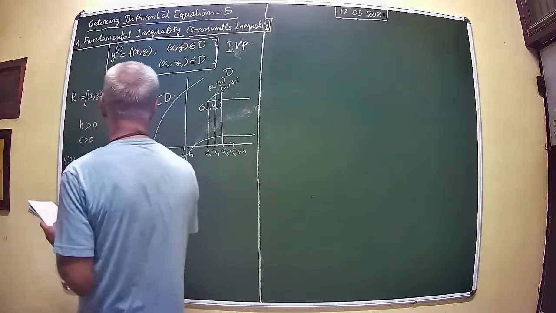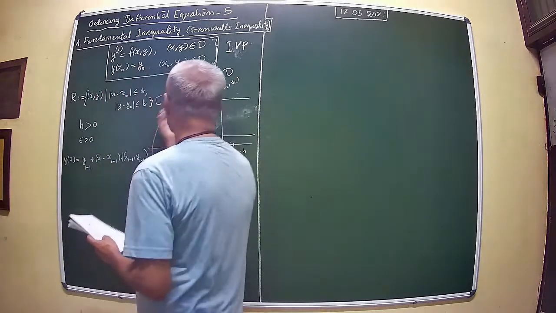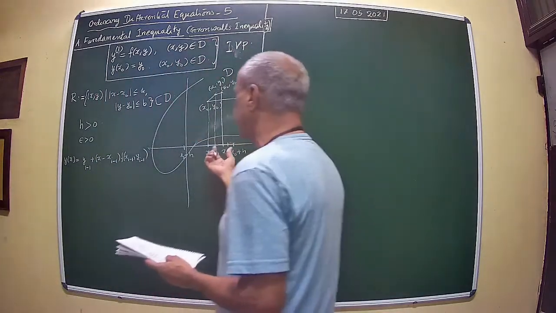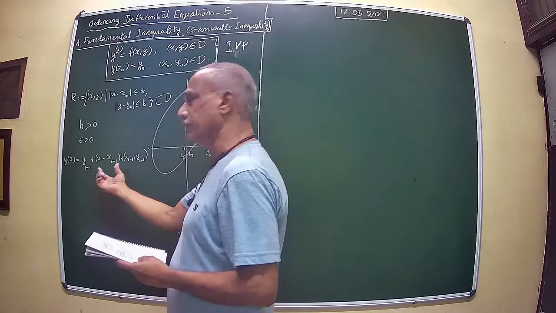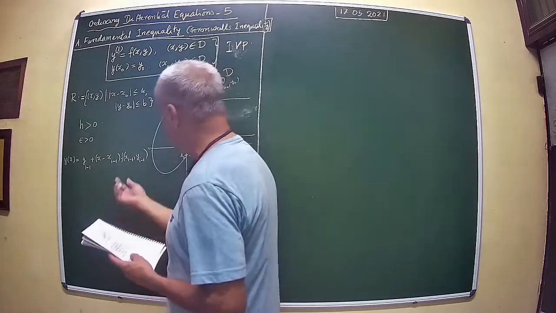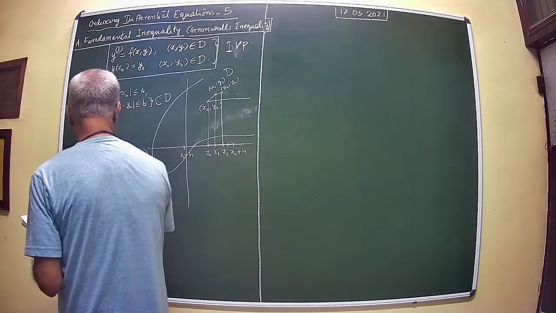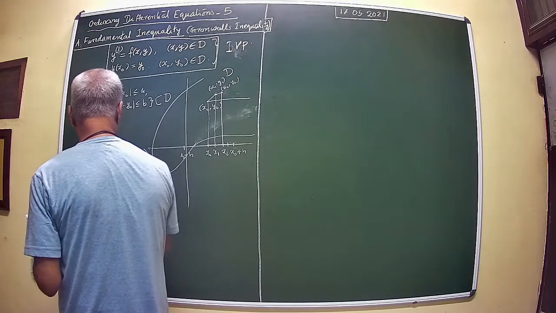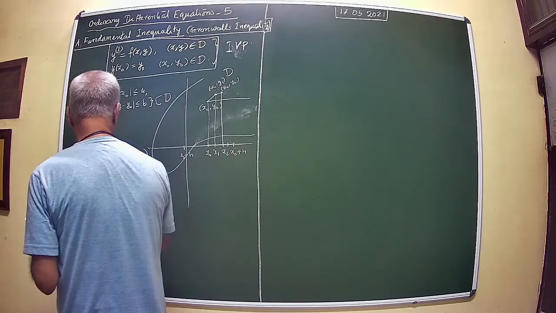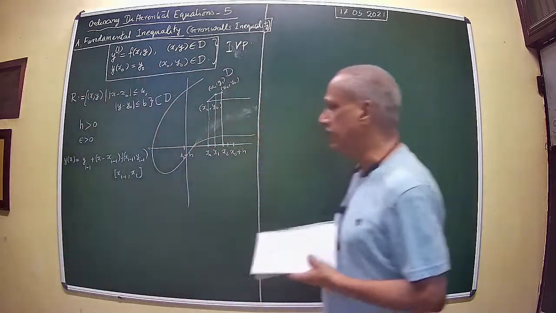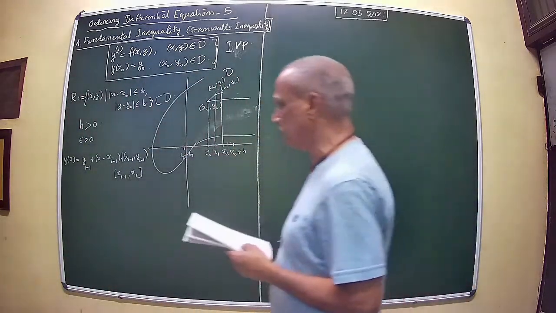This part is the equation of the line that we constructed on the interval x i minus 1 to x i.